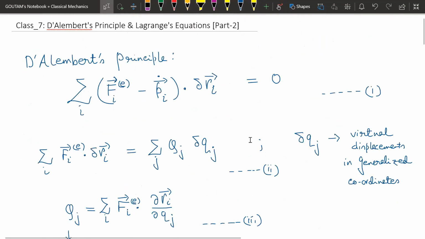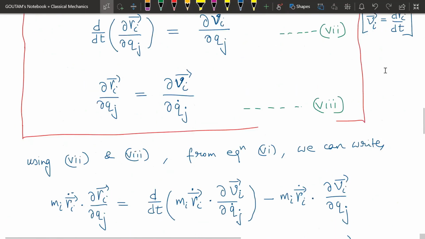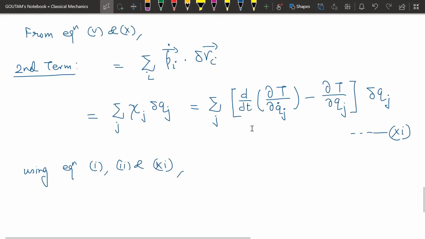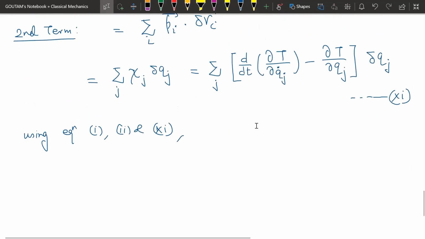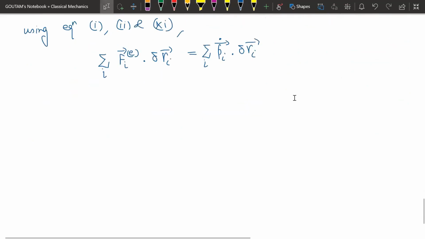Using equation 1, equation 2, which is basically the first term, and equation 11, we get the sum over i of F_i external dot delta r_i equals the sum over i of p_i dot delta r_i.